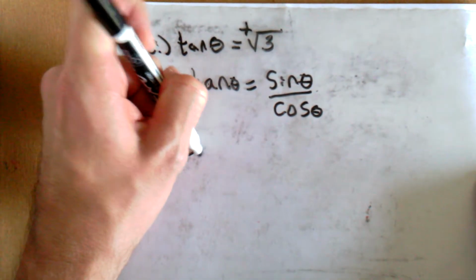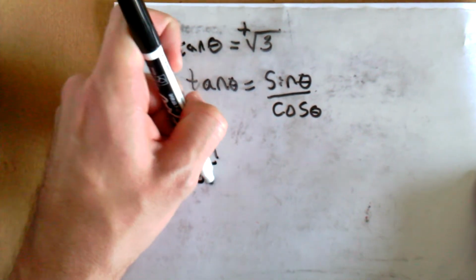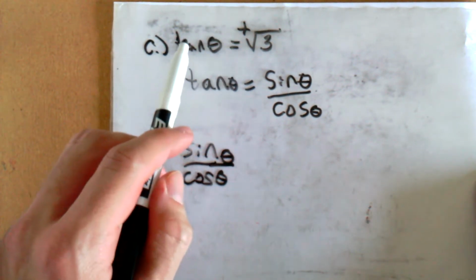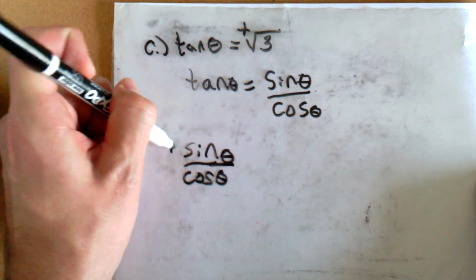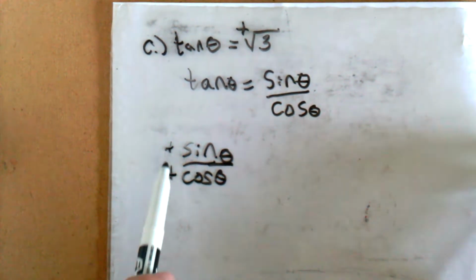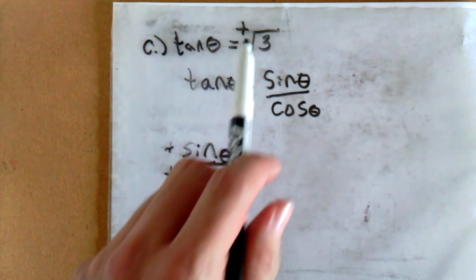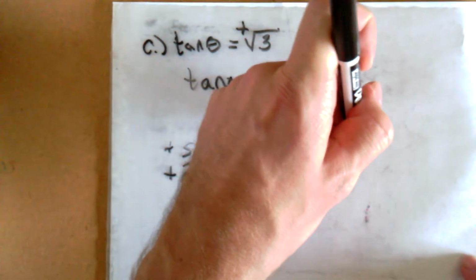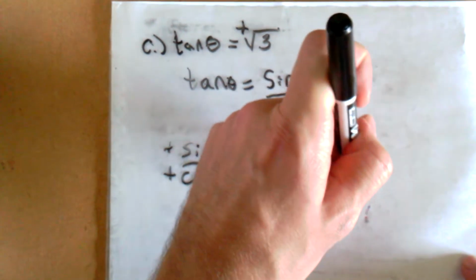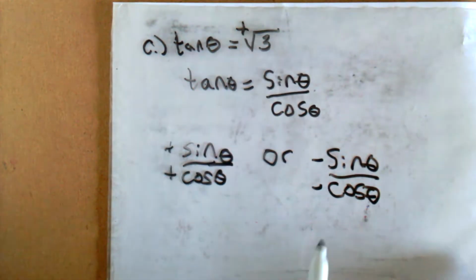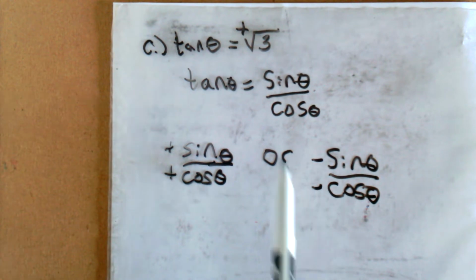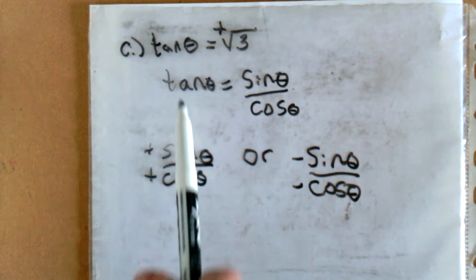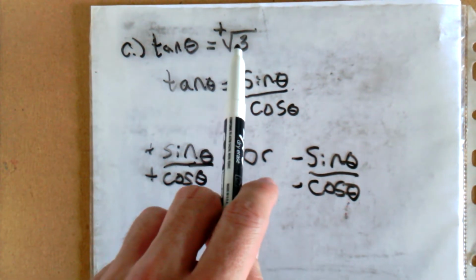If we divide sine over cosine, and our value is positive for tangent, then we know that either sine and cosine are both positive, because when you divide a positive number by a positive number, you get a positive number, or sine and cosine are both negative, because when you divide a negative number by a negative number, you get a positive number.